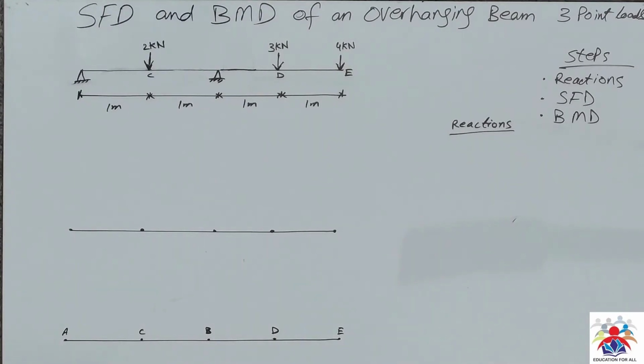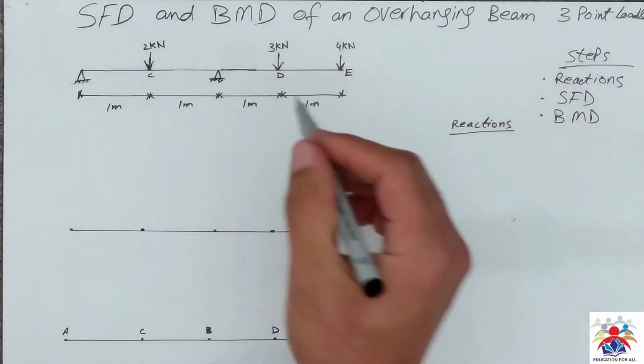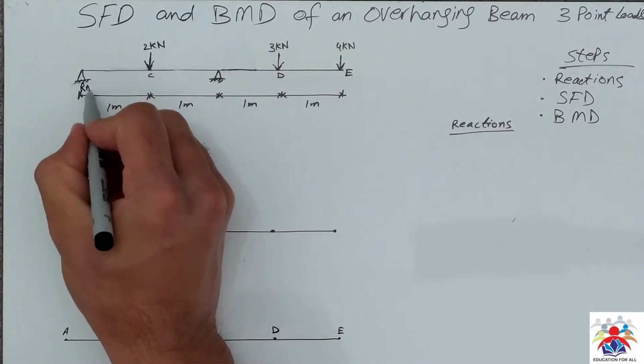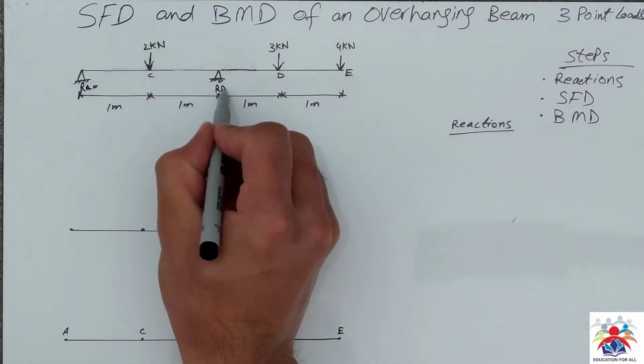First of all, we will calculate reactions. So this is RA and this is RB.